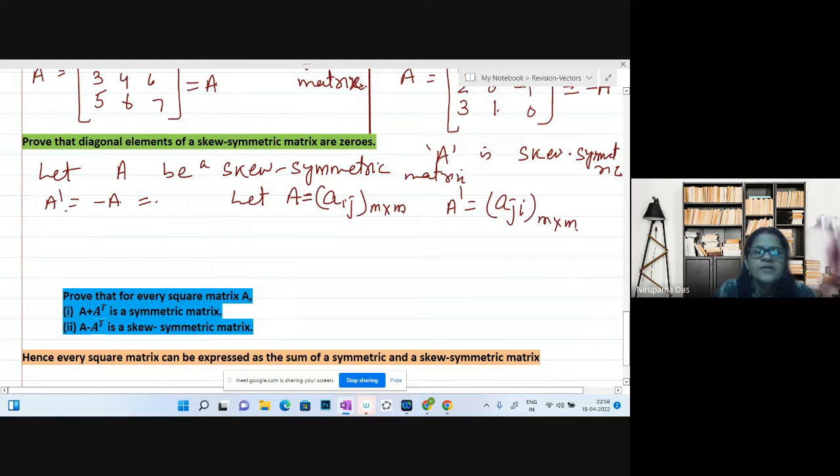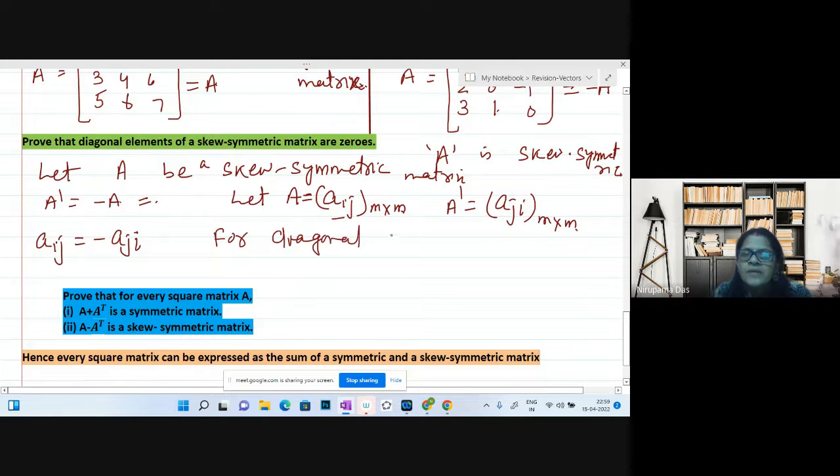Now we have A transpose equals minus A, so we can compare the corresponding elements. So Aij equals minus Aji. Now we are talking about diagonal elements, for which i equals j. Why i equals j?